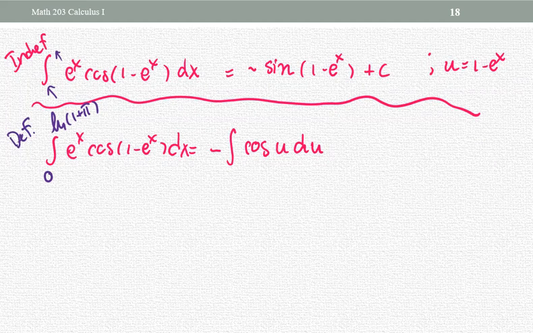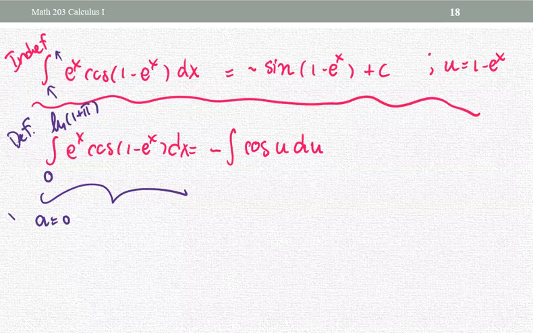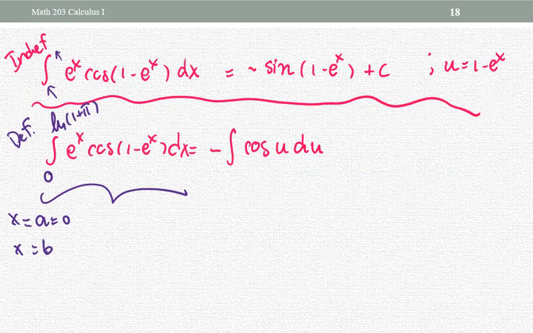Okay, definite integral. Original problem here, that means the lower limit a equals 0. This is x equals a equals 0. And the upper limit x equals b, which is natural log of 1 plus pi. Treat it the same way, introduce the new variable u exactly the same way.